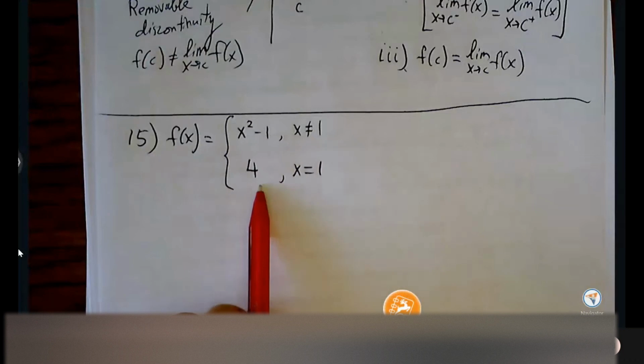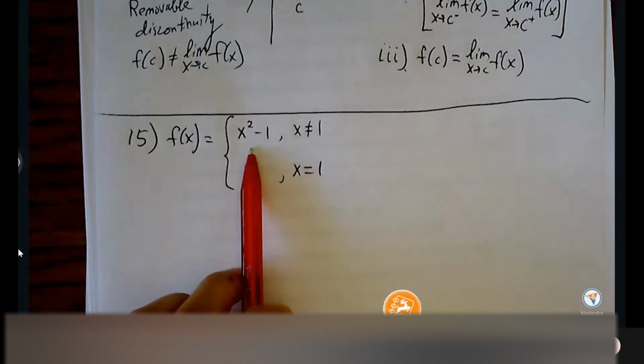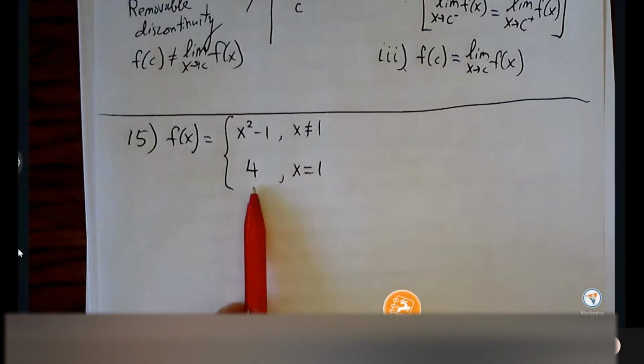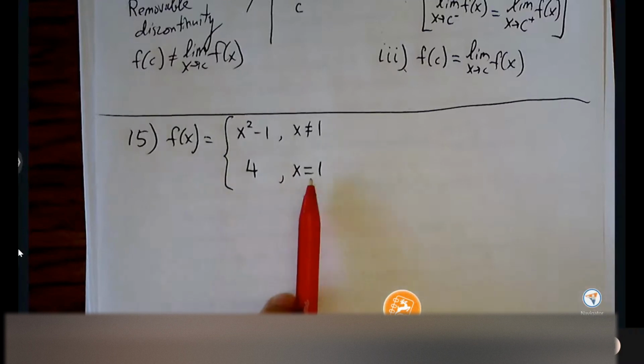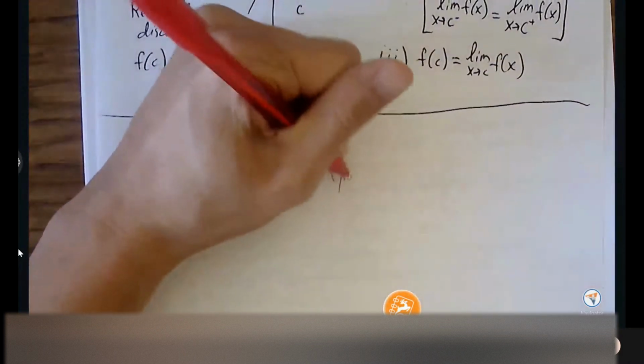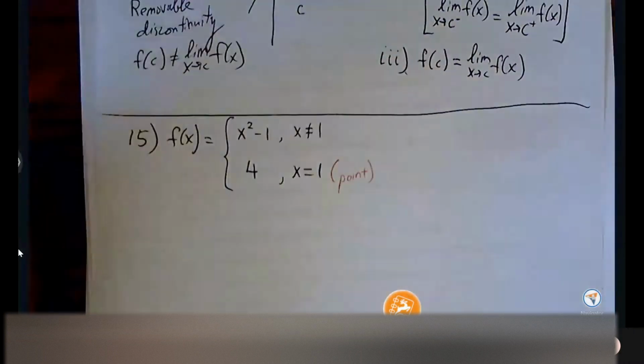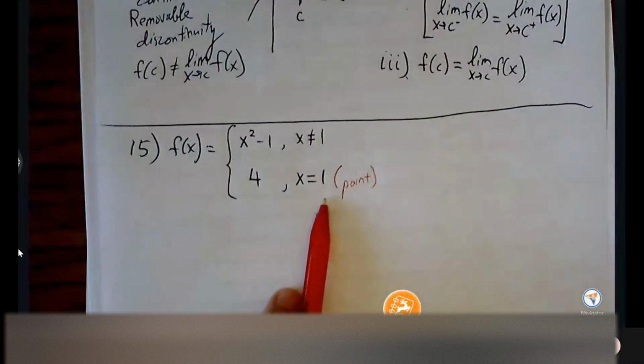There's two graphs here, right? y equals 4 and y equals x squared minus 1. But this y equals 4 is not going to display a full graph. It's just going to display a point. So that's important to understand, that this second piece is not going to give us anything more than the point.